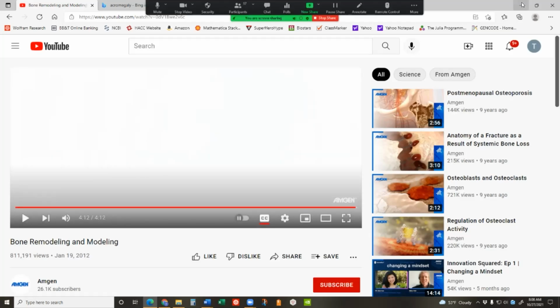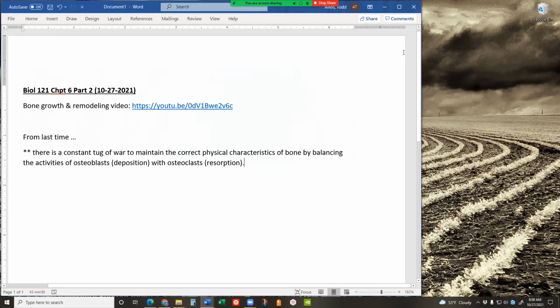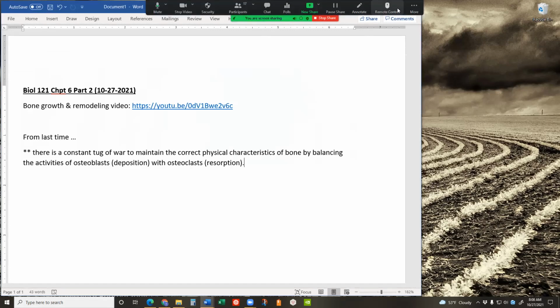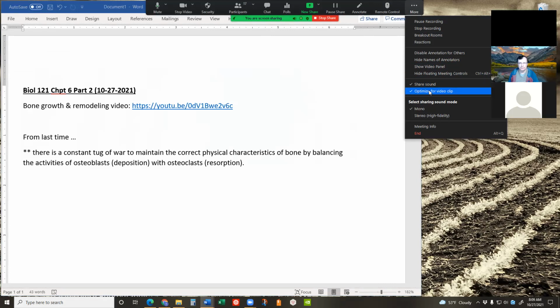Okay, folks. So hopefully that gives you yet another way to start thinking about some of the activity that's actually happening inside our bones, which is largely invisible to us in an everyday way of thinking about things.